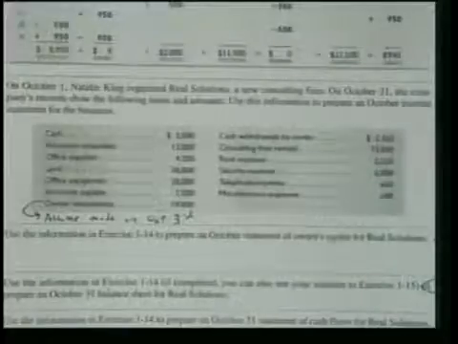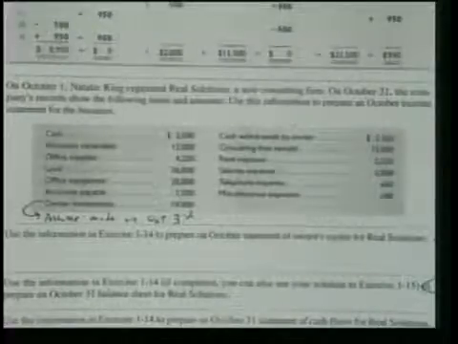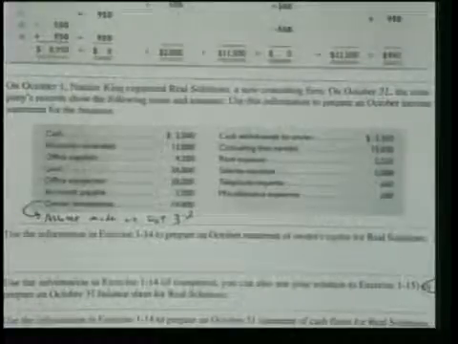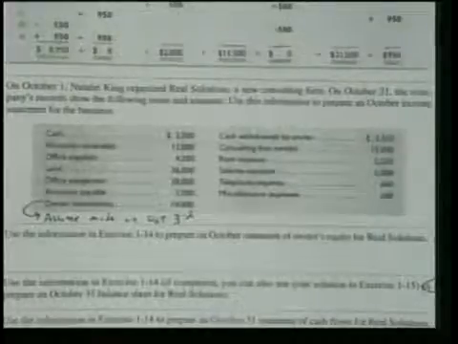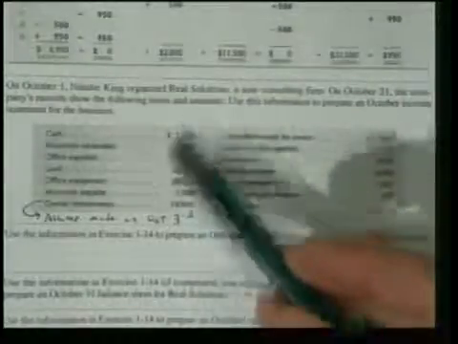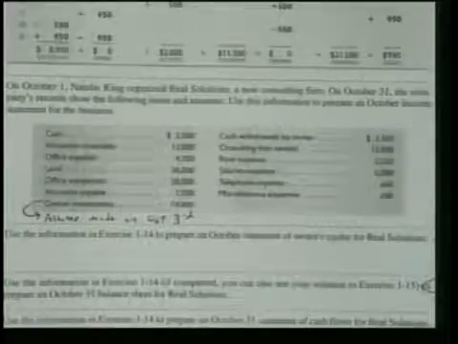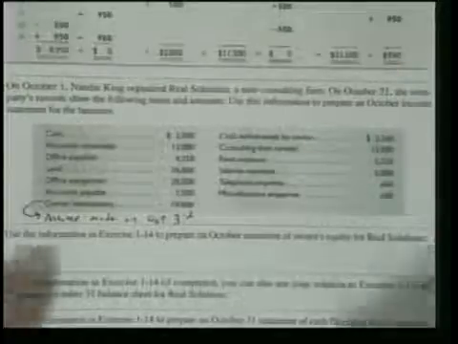Here's the process I encourage students to utilize when they have a problem like this: go through each of these items or accounts before you start doing the financial statements and decide what financial statement they go on. Okay? So let's take a look here.